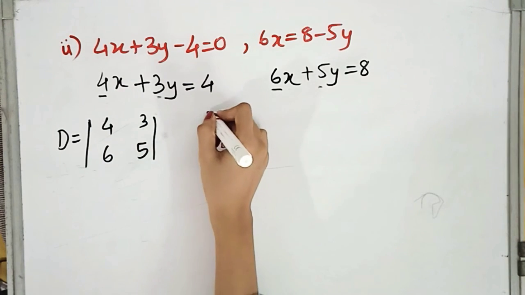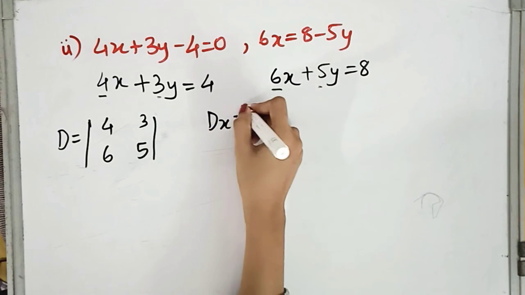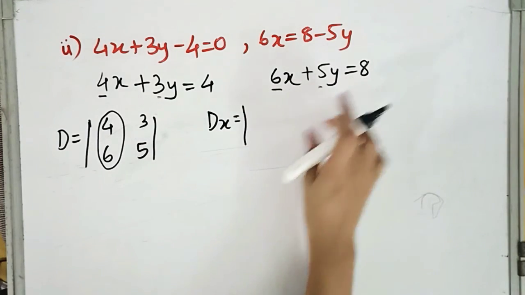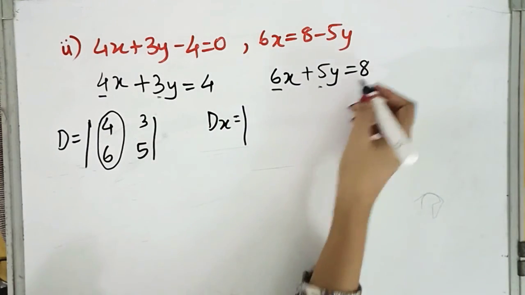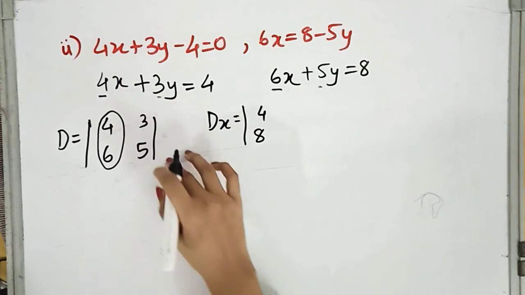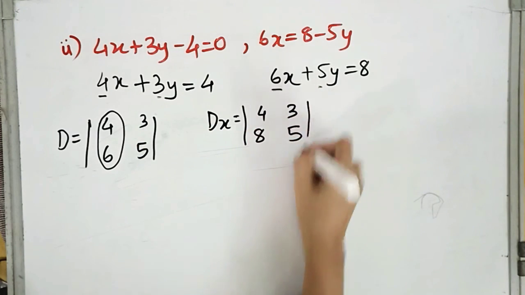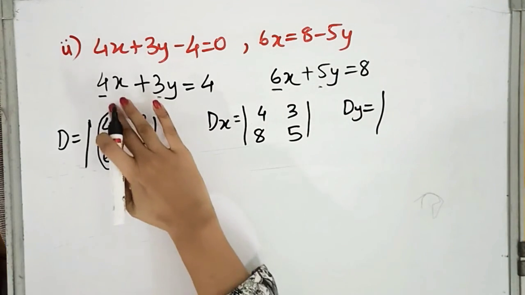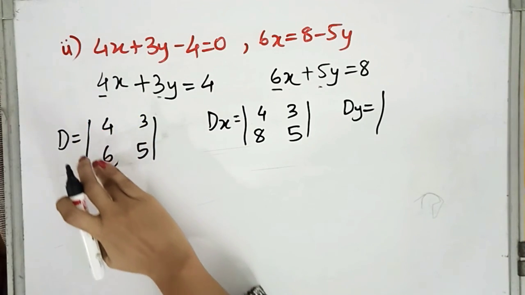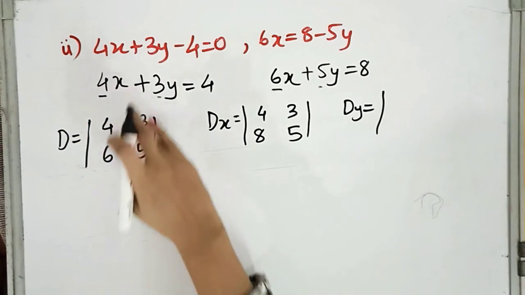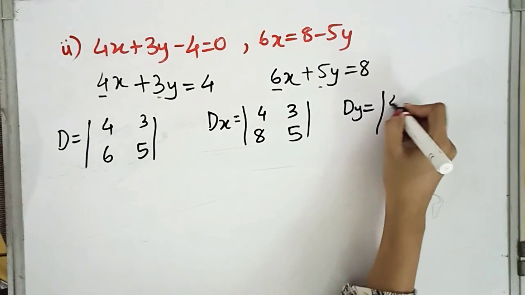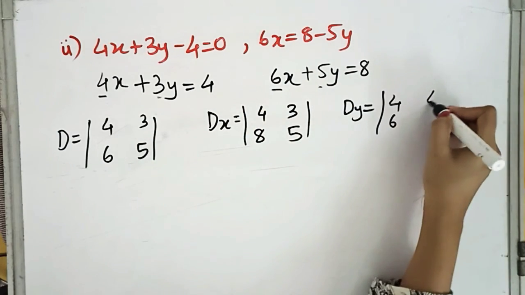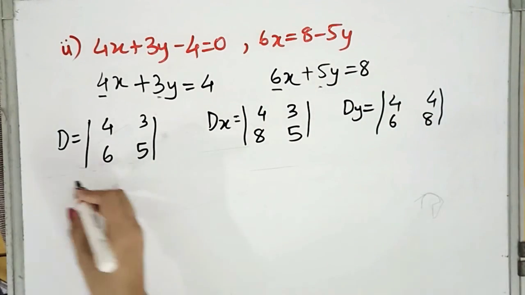This will be our determinant D. For Dx we will replace the elements of x with the constants, so the constants are 4 and 8, and keep 3 and 5 as they are. Now for Dy, we keep the x elements as they are and replace the y elements with the constants. So 4 and 6 as they are, and we replace 3 and 5 by 4 and 8. So these are our determinants.